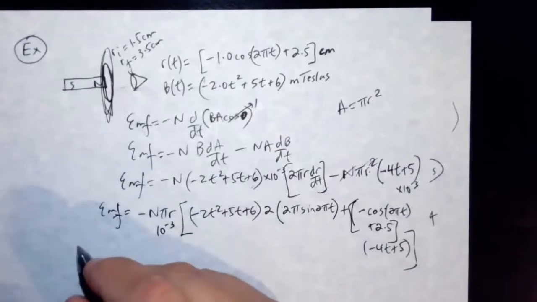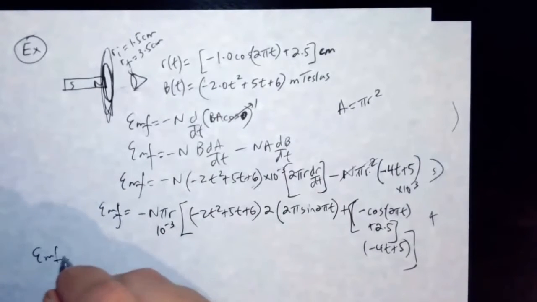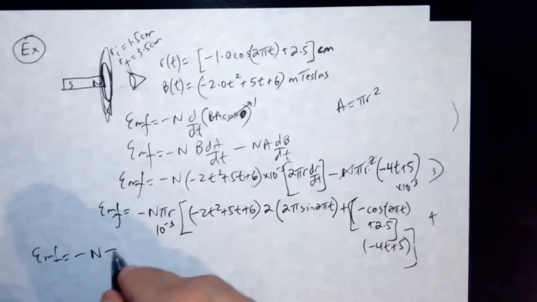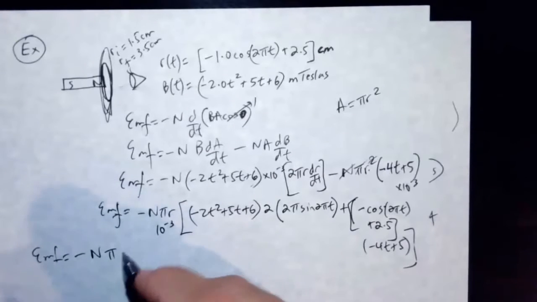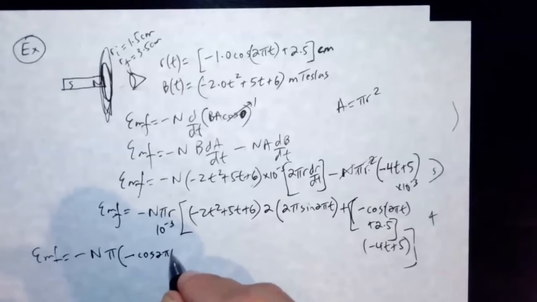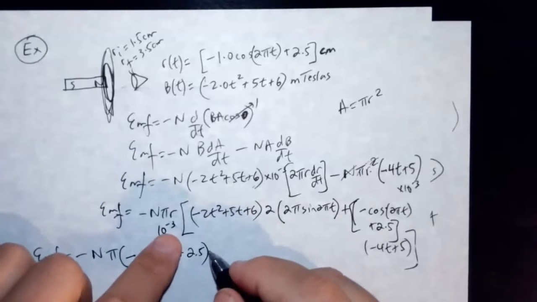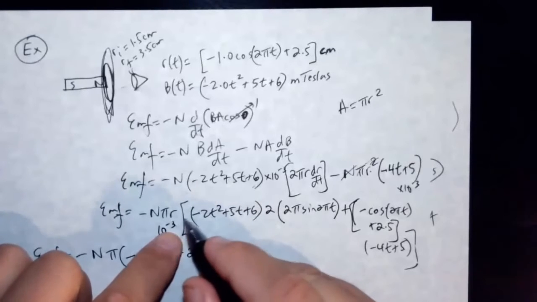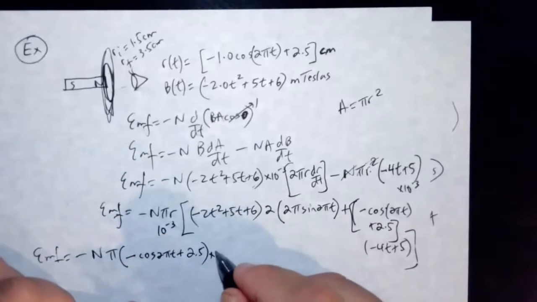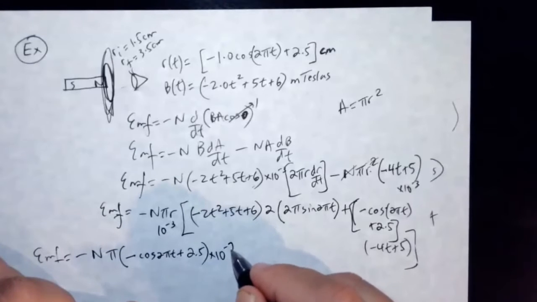So then you have here the EMF is going to be negative n pi, and then the r function is negative cosine 2 pi t plus 2.5. Then you have here 10 to the minus 3 times 10 to the minus 4, 10 to the minus 7.